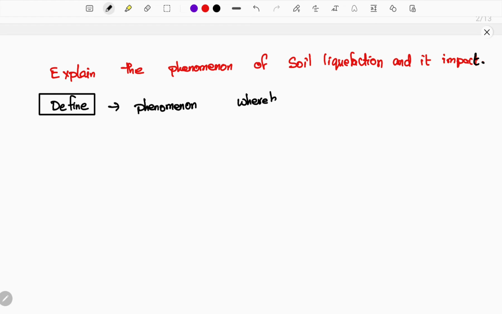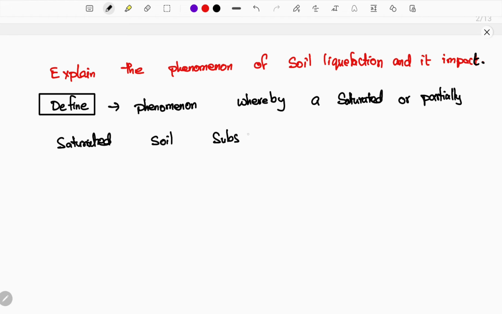A phenomenon whereby a saturated or partially saturated soil substantially loses its strength, so it is changing. The soil is losing its strength, and it also keeps on losing its stiffness.